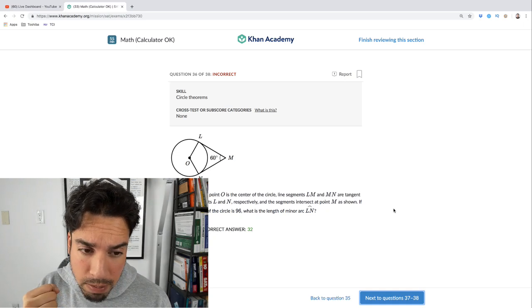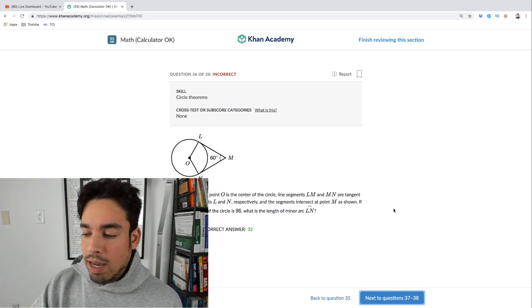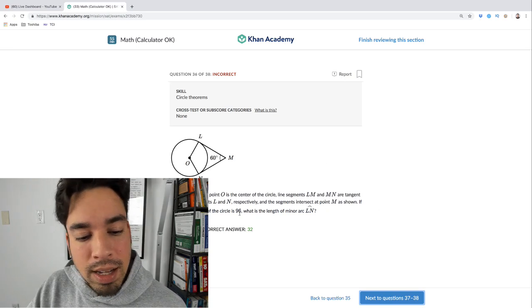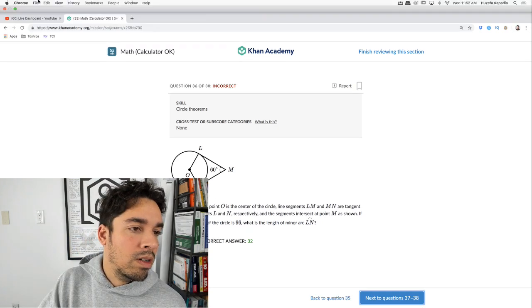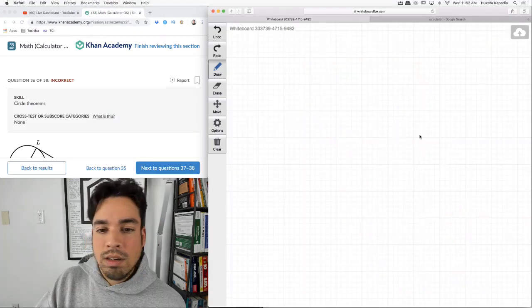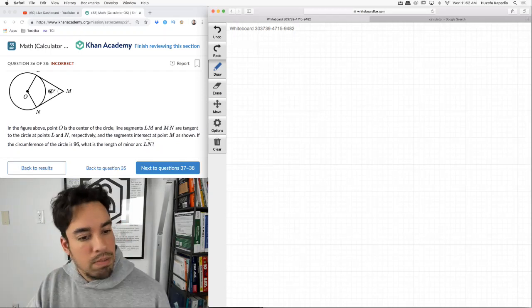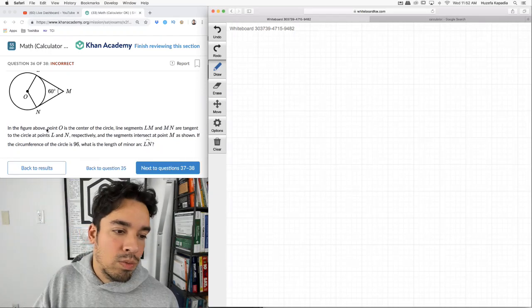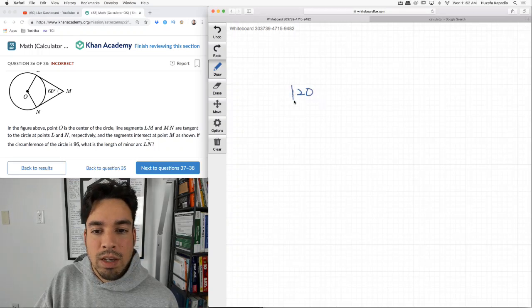That was so silly. Okay. We can measure minor arcs sometimes in degrees. And so I totally forgot that they gave me a value for the circumference of the circle, right? So let me show you. Okay, that was a really silly mistake. So immediately when we're like, oh, the measure of the minor arc, boom, it's this angle, that central angle is 120, okay?